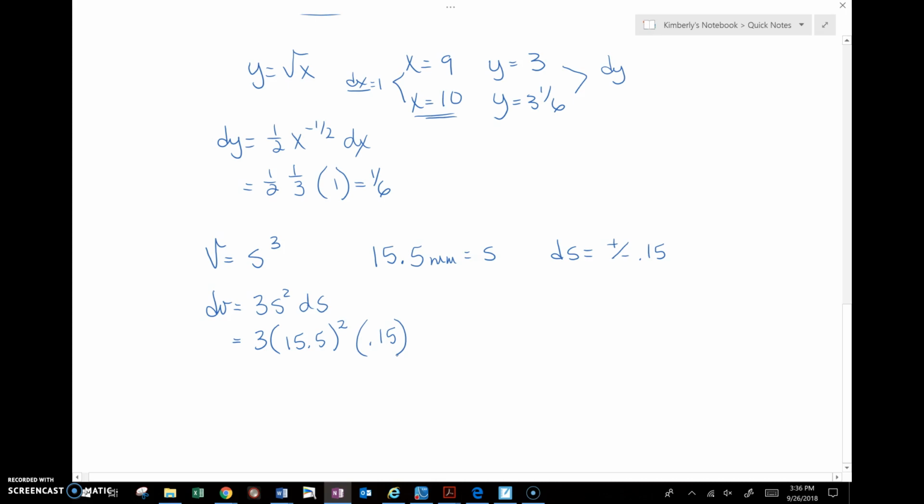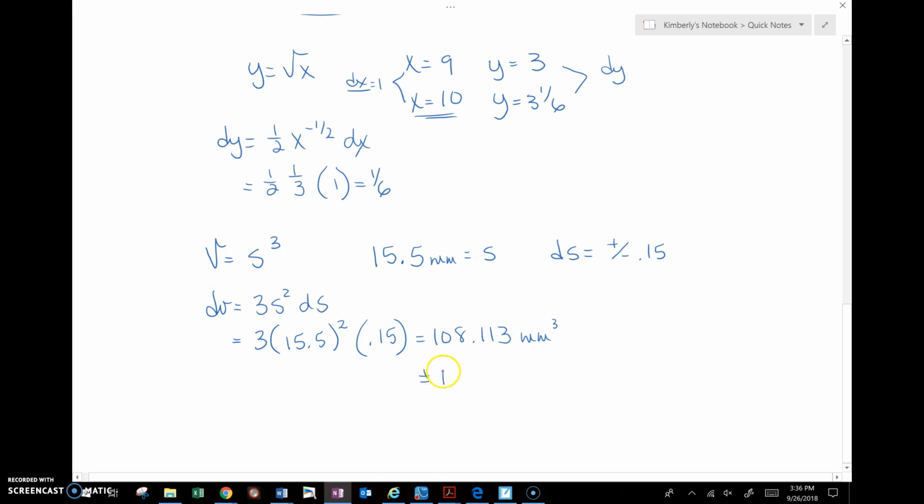Three times 5.5 squared times 15 hundredths is 108.113, and that would be cubic millimeters. So if we're off by as much as 15 hundredths on every side, that means that the maximum amount that we're going to be off on a cube of 5.5 millimeters is 108. And we're going to put the plus or minus on there.